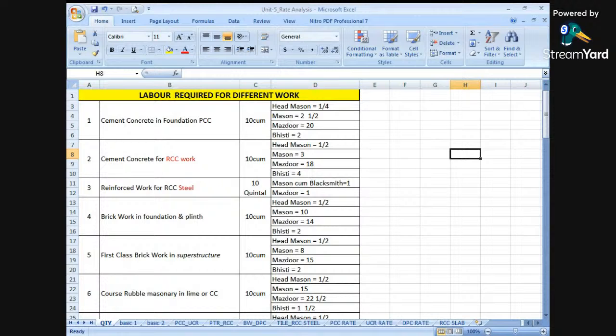So for 10 quintals, how many things have been required?